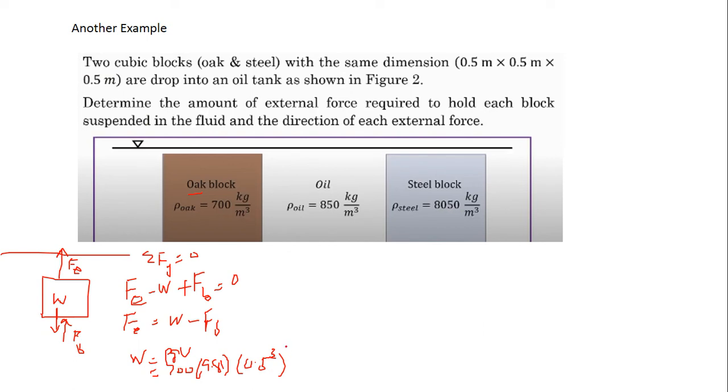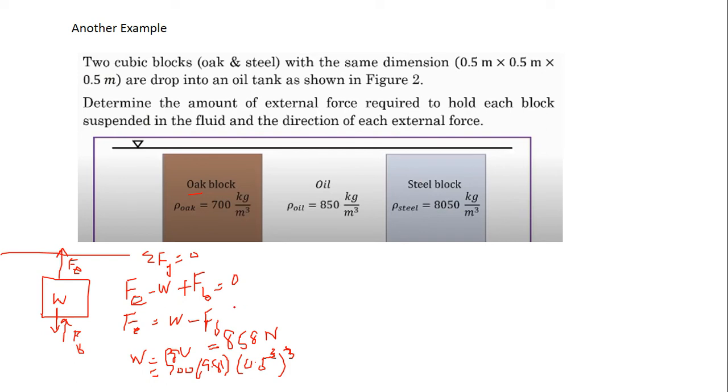Okay. So what's the value for W? The answer 858. Is it Newton or kilonewton? Newton. Okay, so that's your W.